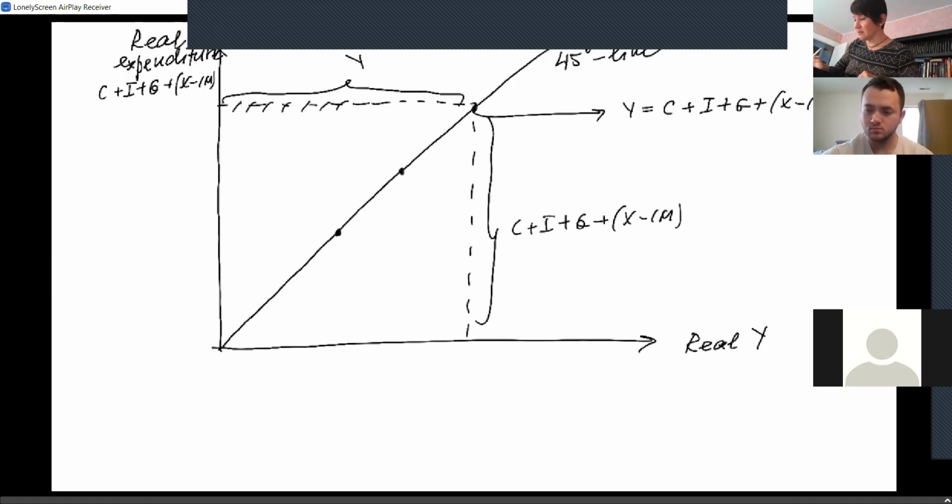This distance is matched in number by this distance. If the horizontal distance is matched by the vertical distance, then the numbers that represent those distances are the same. And it holds for every point on the 45-degree line, okay?